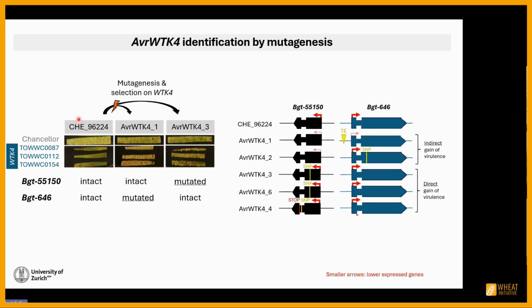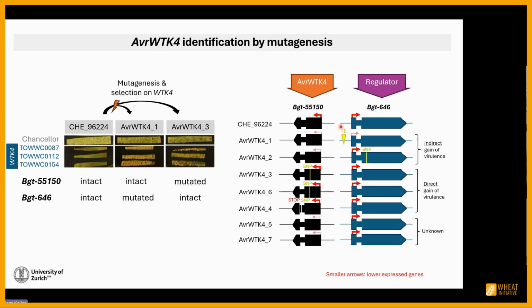We used mutagenesis, and we found 2 types of mutants. Again, as I mentioned before, mutations in PGT646, which seems to be a regulator, can also result in loss of expression of this PGT55150 AVR. And then we also find mutants directly in this AVR, so in the same gene that we have predicted from genetic mapping.